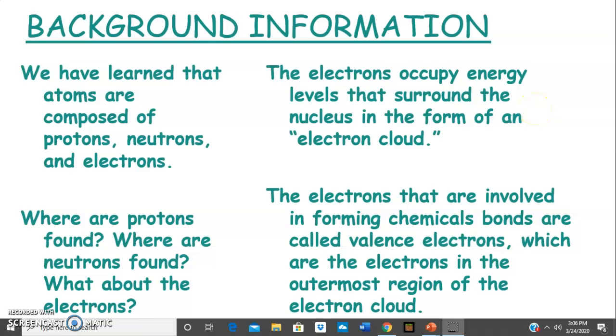So our protons and neutrons are in a really dense sphere in the center of an atom, and then the electrons are all buzzing around that nucleus in an electron cloud. The electrons are involved in forming chemical bonds. Those electrons which are involved are called valence electrons, and those are the outermost electrons in our electron cloud. They're like the outside electrons.